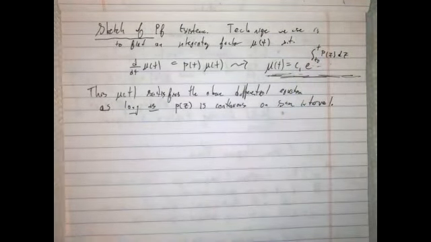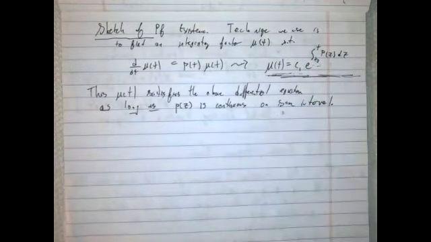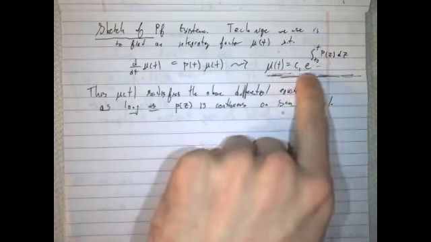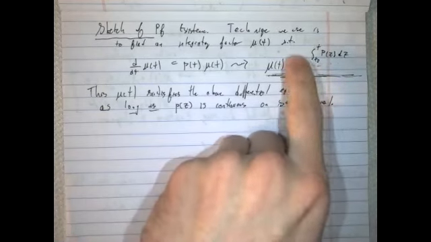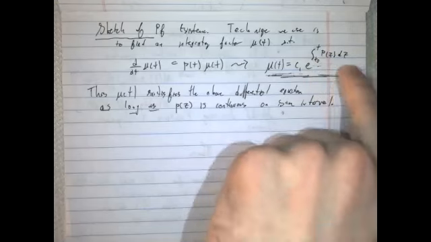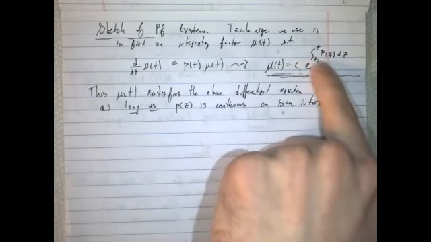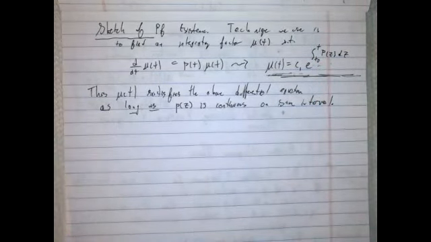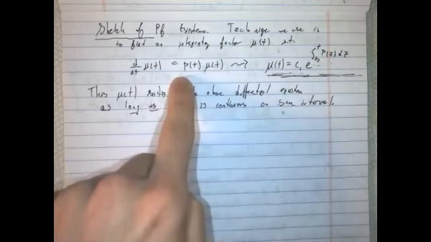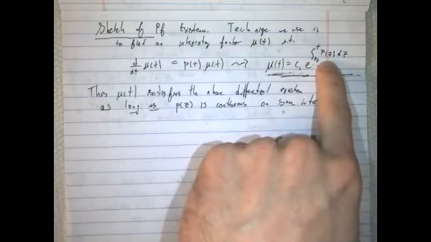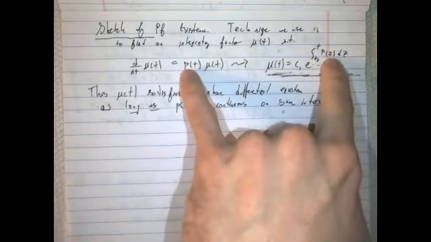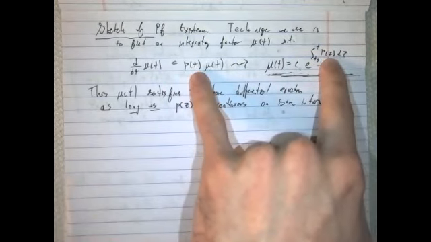On the other hand, if P of z is a continuous function, then I can apply the fundamental theorem of calculus, and when I take the derivative of this, I get back c1 e to this thing times the derivative of this thing, which is going to be P of t. So this thing satisfying this differential equation depends on P of t or P of z, it doesn't matter, this is just a dummy variable, being a continuous function.